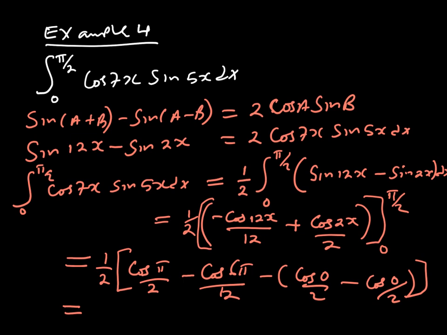The cosine of pi is negative 1, so this is negative 1/2. And the cosine of 6 pi is 1, so this is 1 over 12. If you have a half minus... what do you end up with? The LCM is 12, that is 6, so this minus 7 over 12, so the answer is negative 7 over 24. But you can try to compute it, I'm just using my head, so you have your calculators, try to work this out.